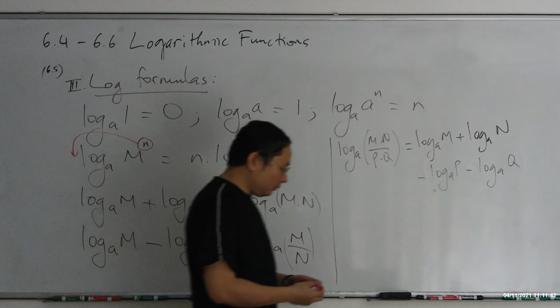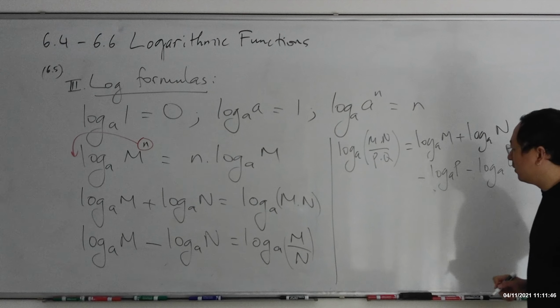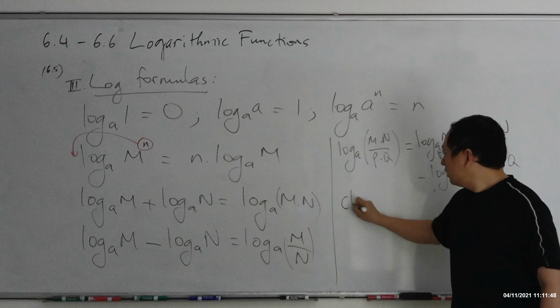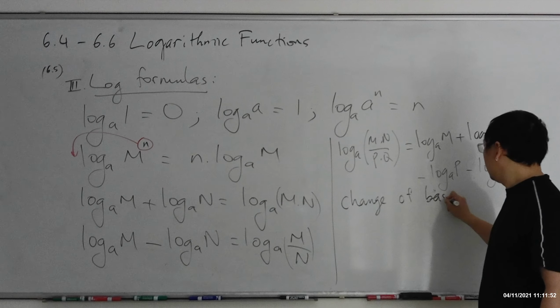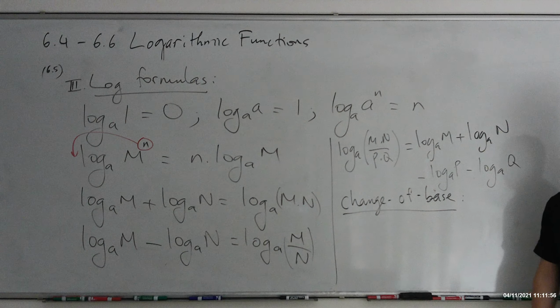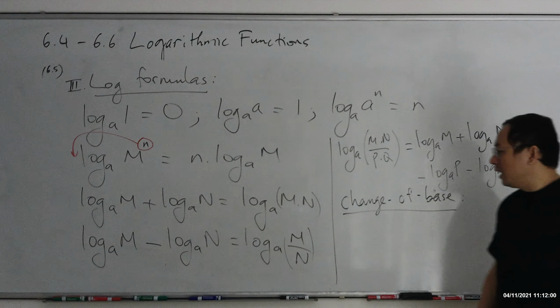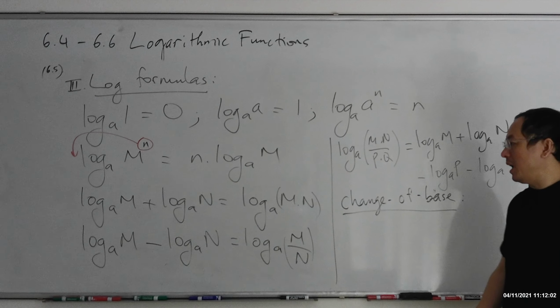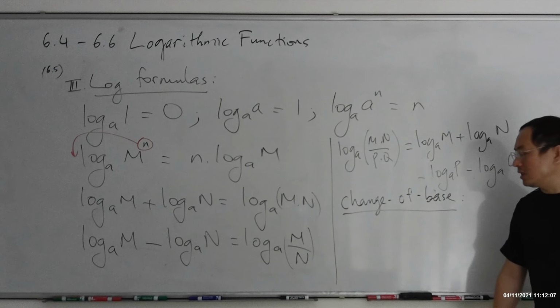Okay? And I think there's another formula. I think a couple more. It's called the change of base formula. As I say, when you study the log, you can use any bases you like as long as the base number is positive and not equal to 1. Okay? But the two most commonly used bases are base 10 and base e, as I showed you in the notation before.